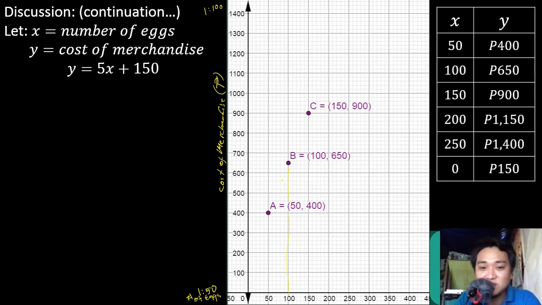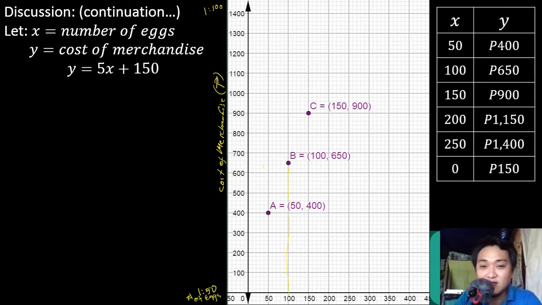Tapos yung cost of merchandise is 650. So yung pagitan ni 600 at saka ni 700, that is actually 650. Nandito sa gitna, di po ba? So malamang yung point natin nandun sa gitna.